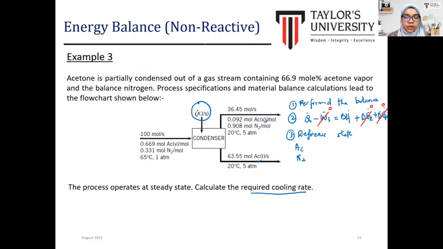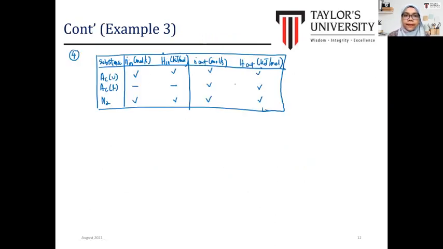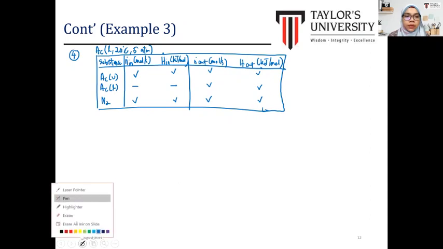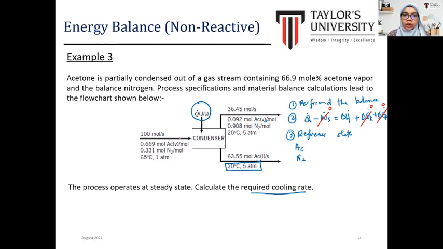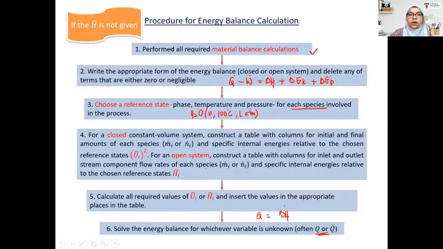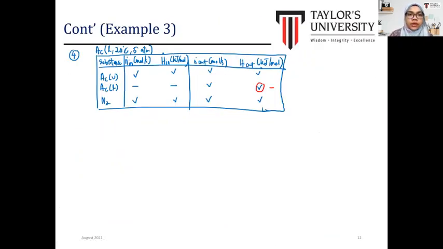Because the first stream also contains nitrogen, we may choose this as the reference. For example, if we consider acetone in liquid at 20 degrees Celsius and 5 atm, we may neglect this H output in the table, because we can perform the balance based on this stream and this stream only. So it's easier for us to solve this.